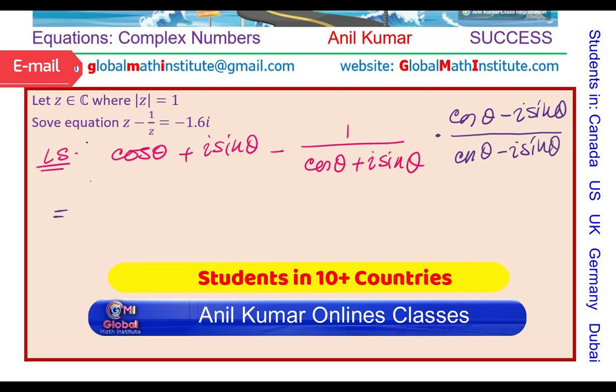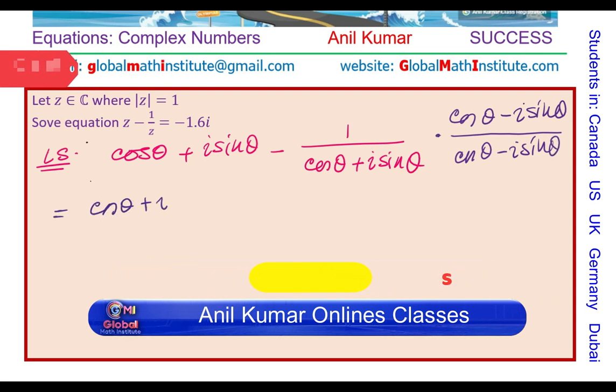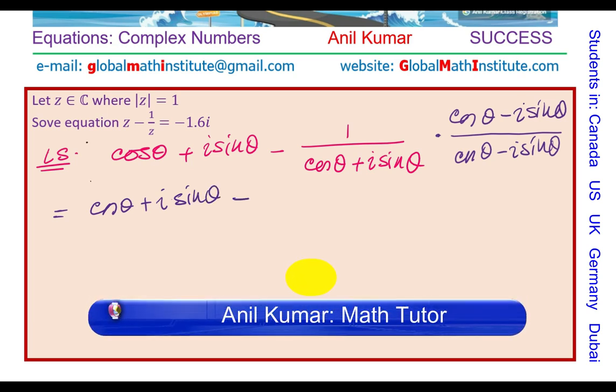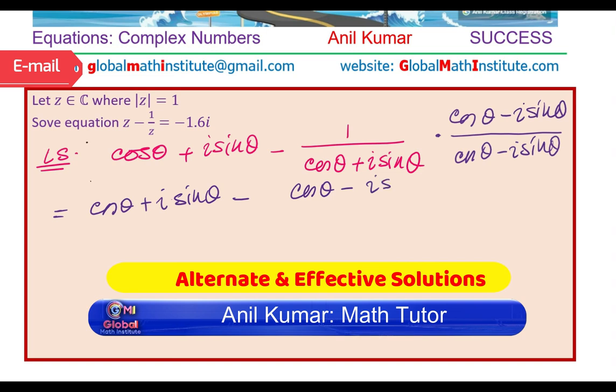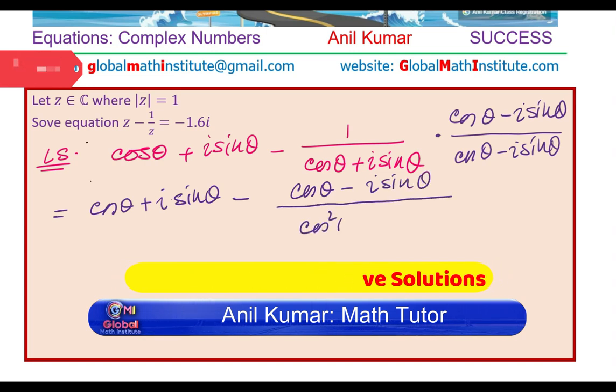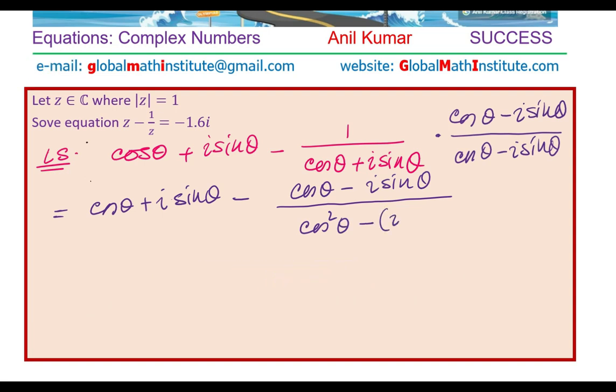Once you do that, you get cos theta plus i sin theta minus, of course, in the numerator, cos theta minus i sin theta. However, in the denominator, we get cos square theta minus i sin theta whole square, correct?